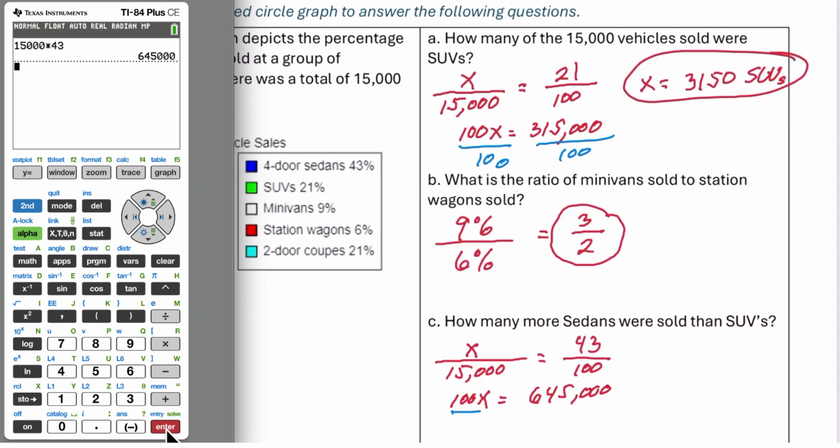Divide by 100 to isolate the x. That will essentially just move the decimal 2 times to the left, leaving us with 6,450 sedans.